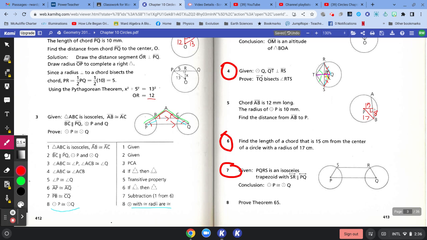And you can demonstrate this with the Pythagorean theorem. And we also know that the distance from the center to the chord gives us a perpendicular bisector of the chord, which means that we've split the chord into 2 segments, 8 and 8. So the answer is 16 centimeters.